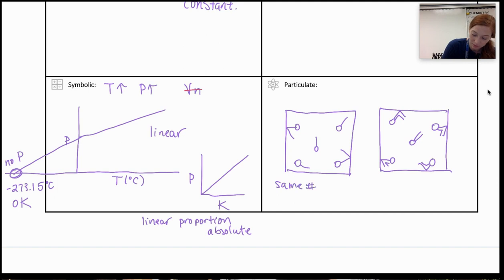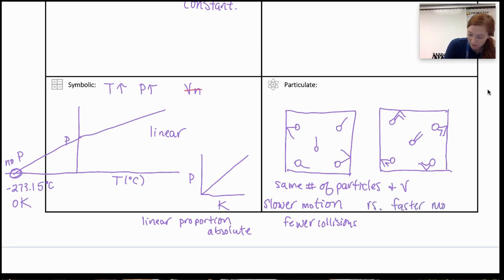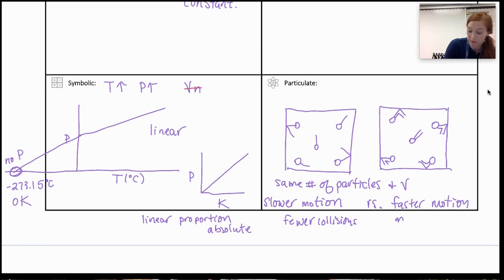Same number of particles and volume. We've got slower motion and fewer collisions versus faster motion and more collisions.